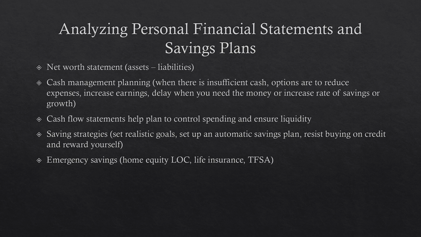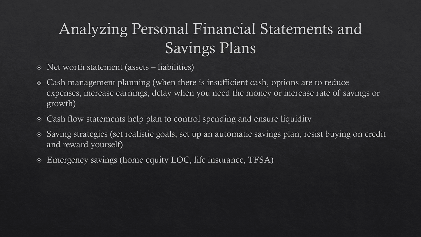That way you don't need to have it locked up in some safer, more guaranteed investment that isn't earning much. That can be pretty bad if you don't need the money for a long time. You just have this chunk of money that's not really earning much, just in case. So the home equity line of credit can sometimes make sense.